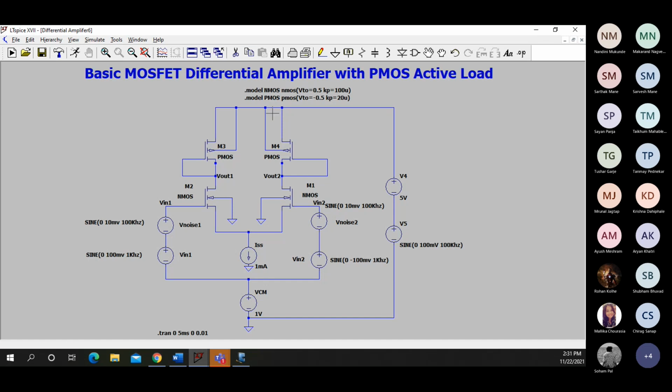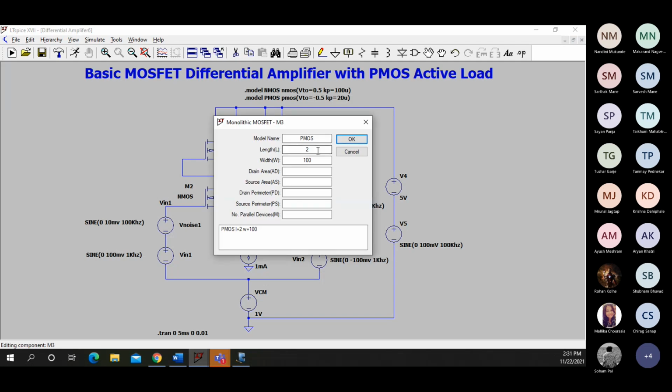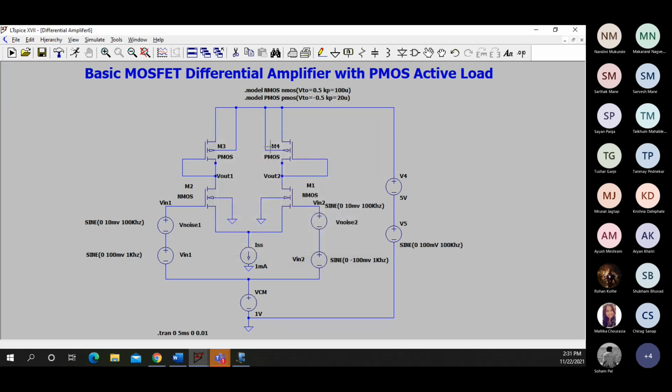What is the W/L of this PMOS? Same, 100/2. See, all the MOSFETs have a W/L of 100/2.